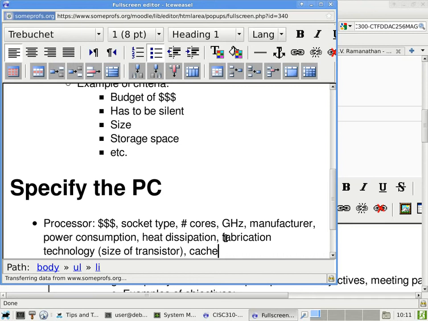Most people only advertise level 3 cache anyway, like 4 megabytes, 8 megabytes. Level 2 caches are so tiny and built into the processor core itself that a lot of times you don't see that specification. So I only care about level 3 cache, which is in the order of 4 to 8 megabytes these days.